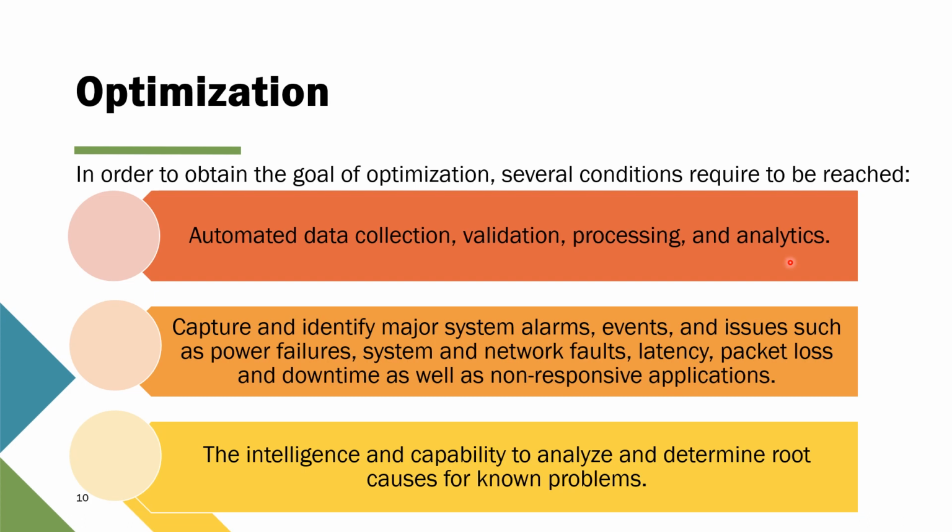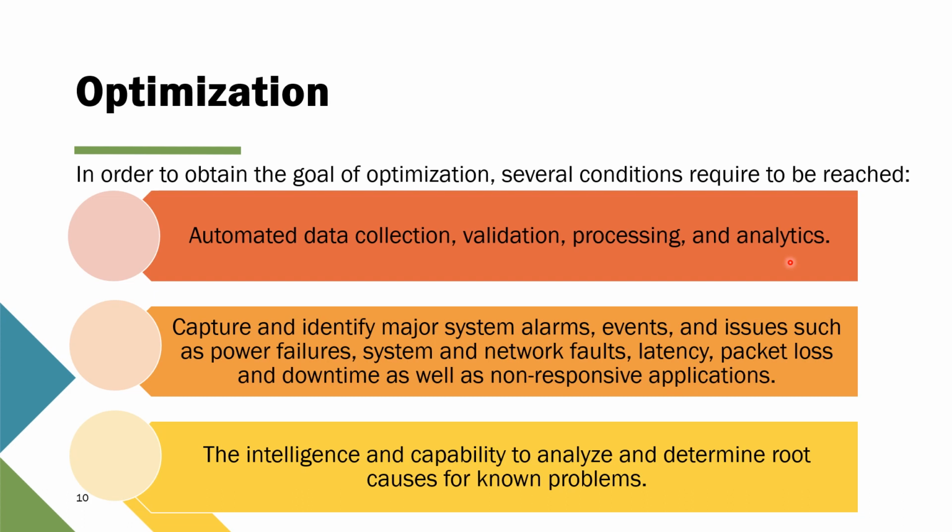Okay, and the second one is its ability to capture and identify major system alarms, events, and issues such as power failure, system network failure, latency, packet loss, downtime, and non-responsive application. So this is another condition that's supposed to be met. It's supposed to be done in this industry.